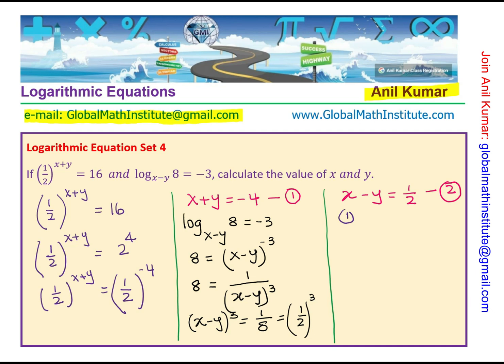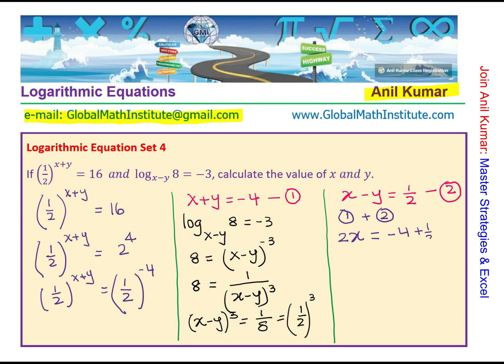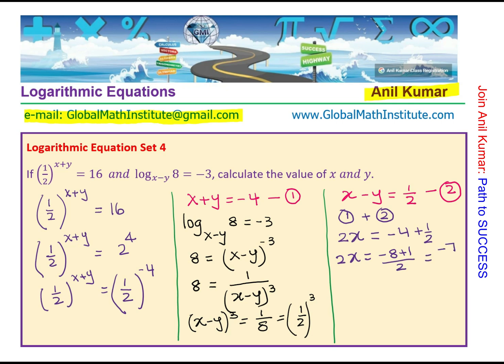So if I add equation 1 with equation 2, x plus y, x minus y, adding, plus y and minus y cancel, and we get 2x equals minus 4 plus half, or you can say 2x equals minus 8 plus 1 over 2, which is minus 7 by 2. And that gives you the value of x. Dividing by 2, we get x equals minus 7 by 4.